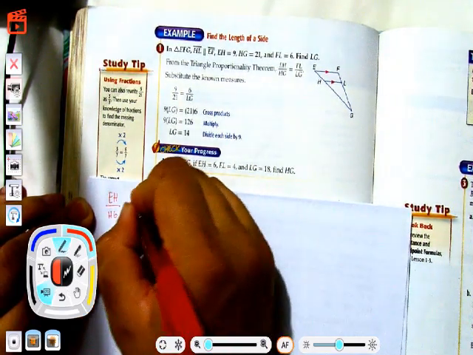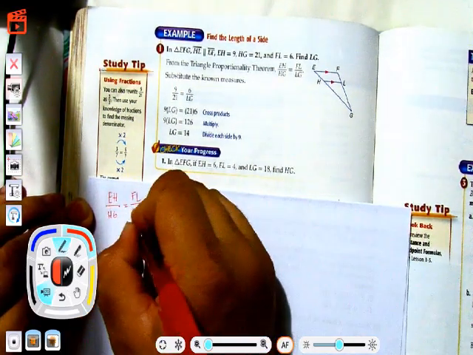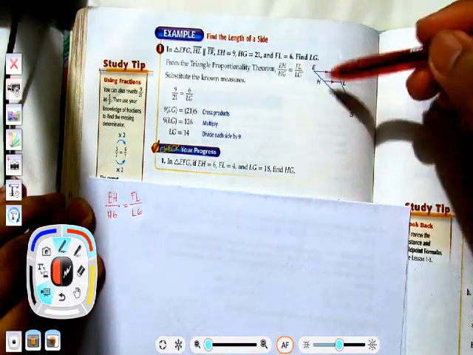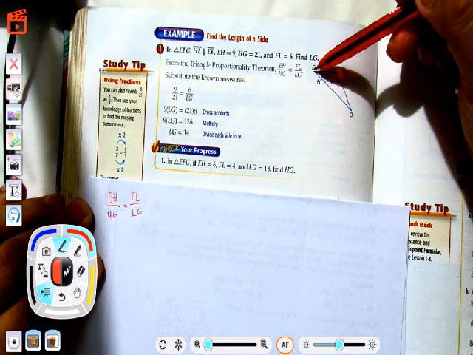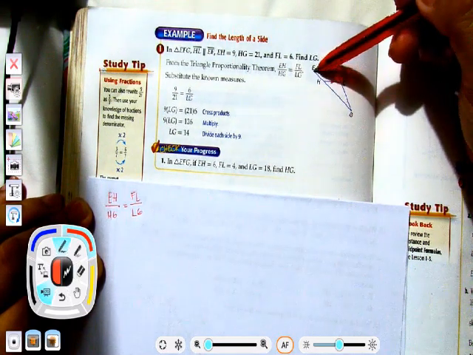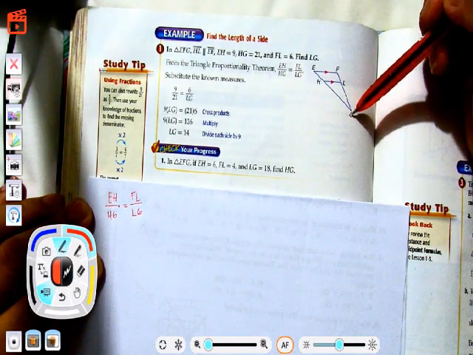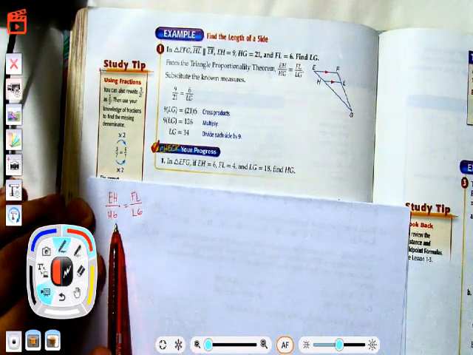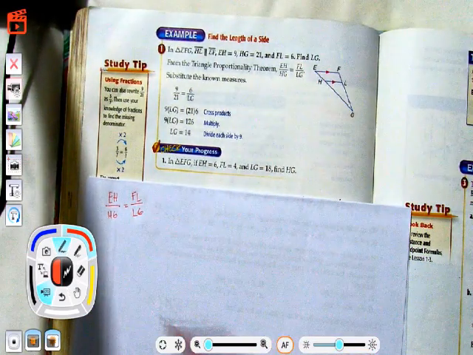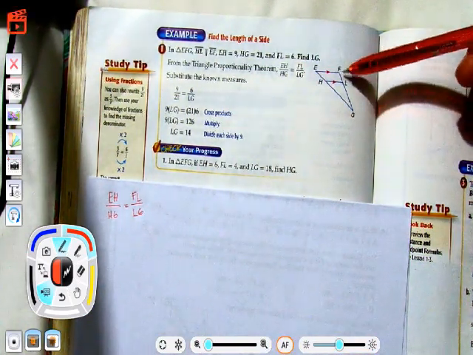Take note that these four are segments here. We don't use a length from E to G or F to G. If you're given a length from E to G and F to G, you don't use that one in your solution. What you use are the smaller segments. If you're given the whole thing, find a way to use that.